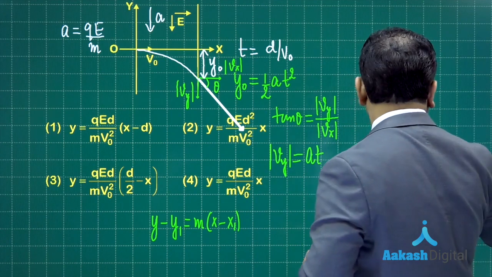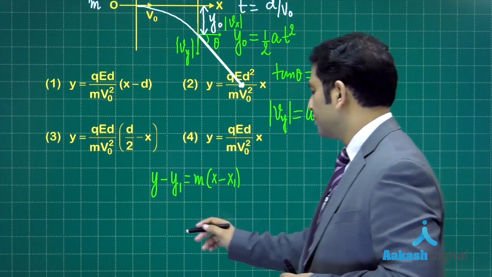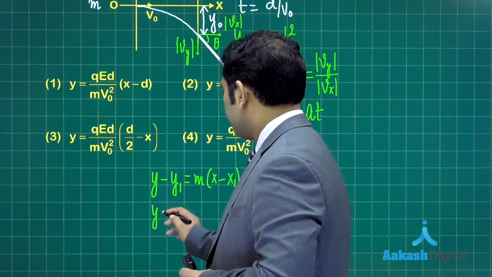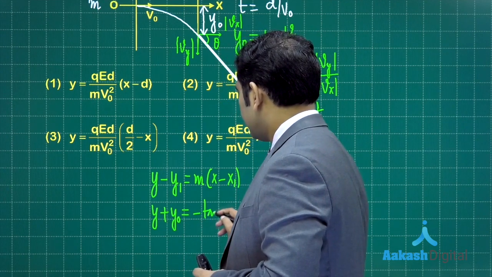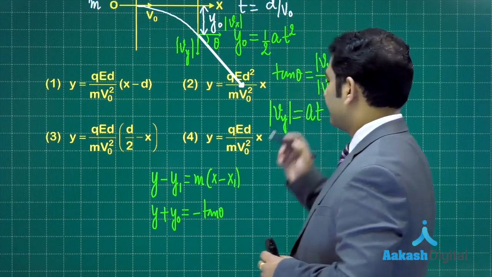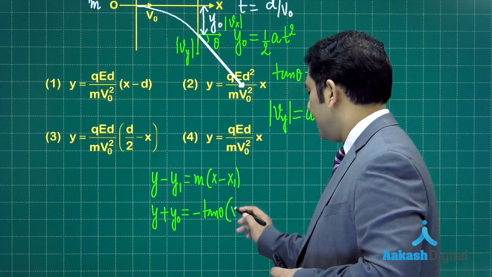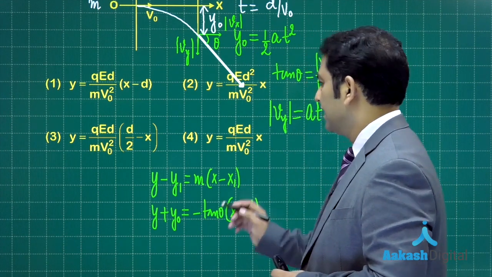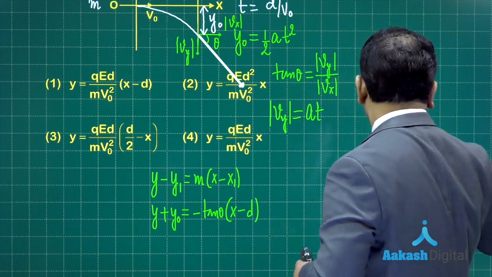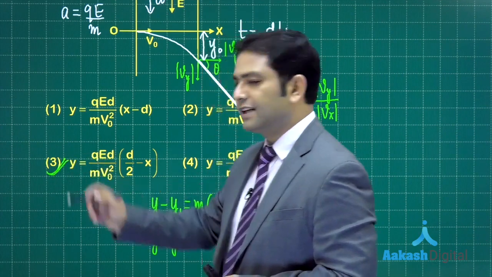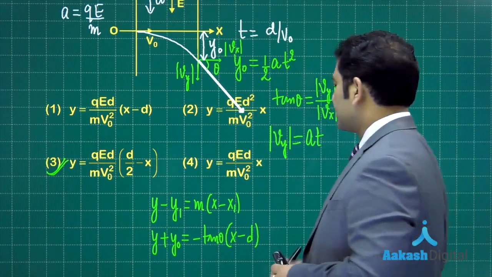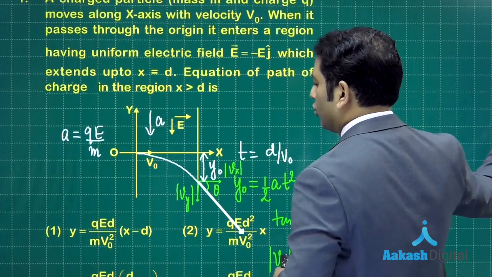So this is going to be y plus y0, and how much will be the slope? Of course minus tan theta, the value of tan theta is there, into x minus d. And when you solve this, you would be getting option number 3 as the correct one. So that was about question number 1.